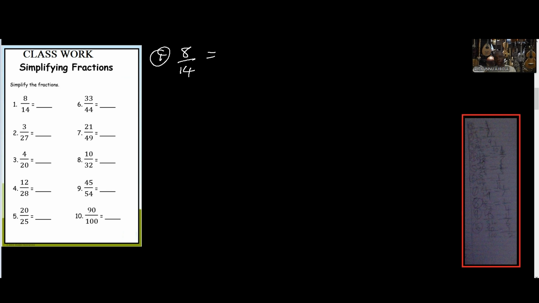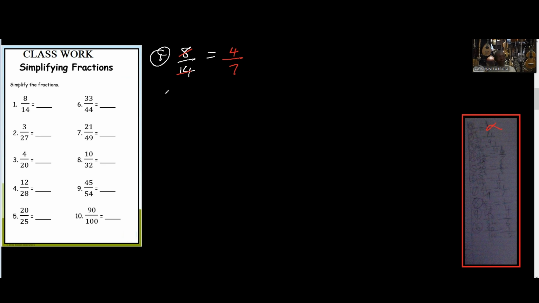How many times does 2 go in 8? That's 4. And how many times does 2 go in 14? That's 7. So it should be 4 over 7.